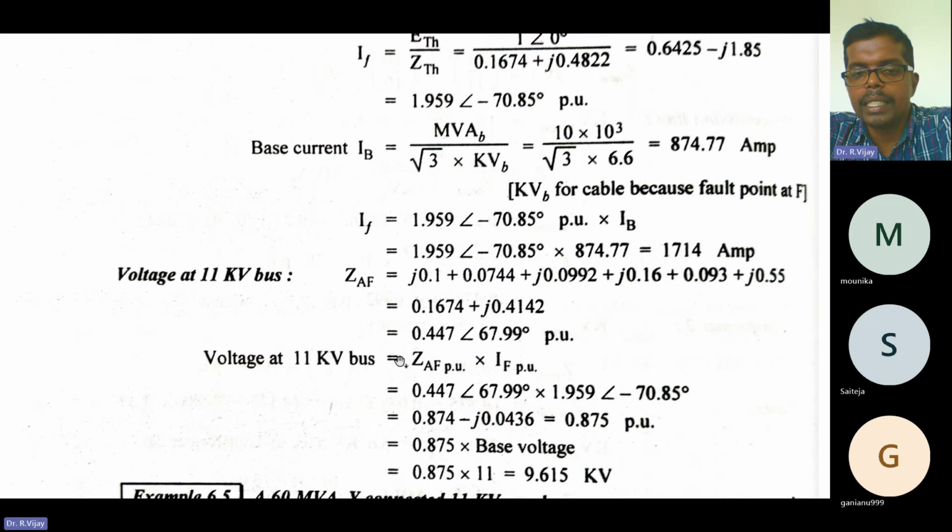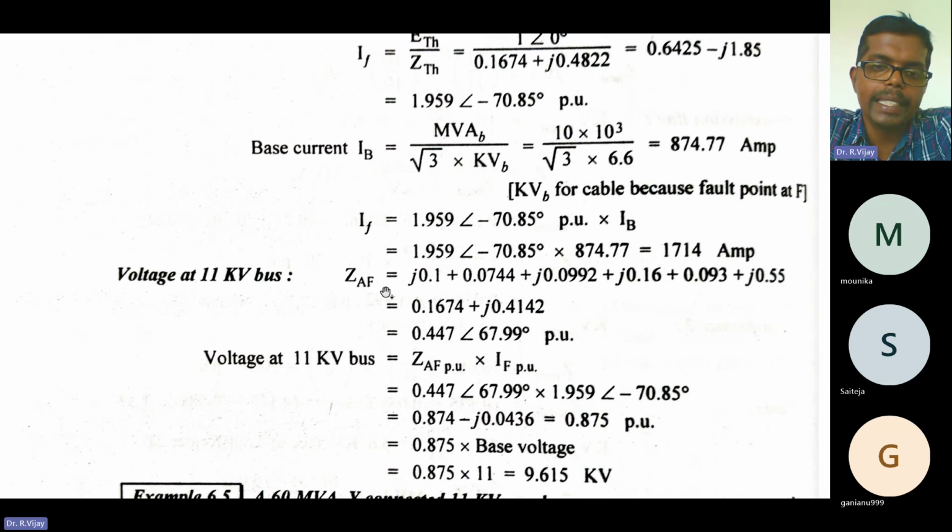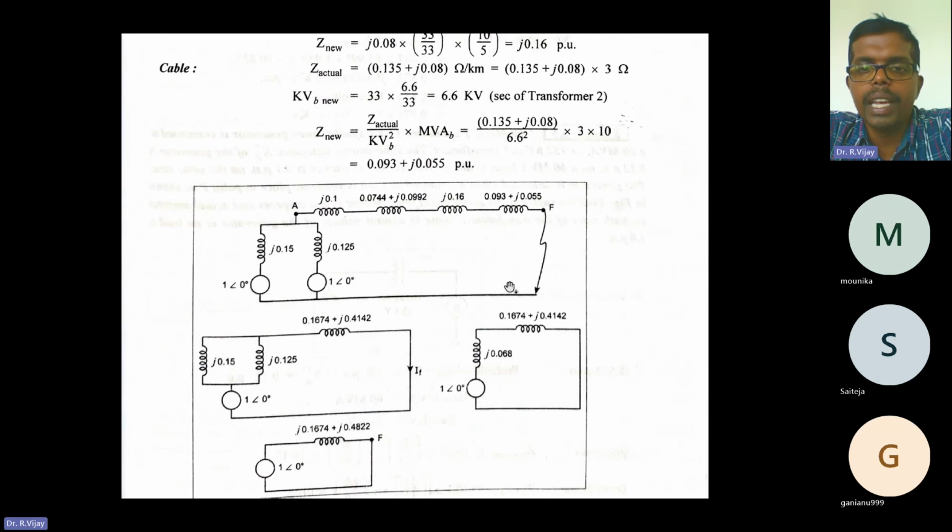Now that is nothing but ZAF. Previously this was ZA, the impedance at A to F. Why are we taking A to F?